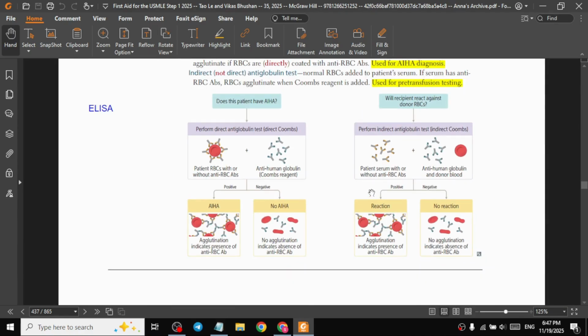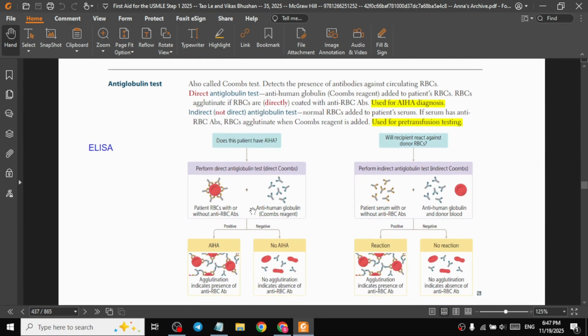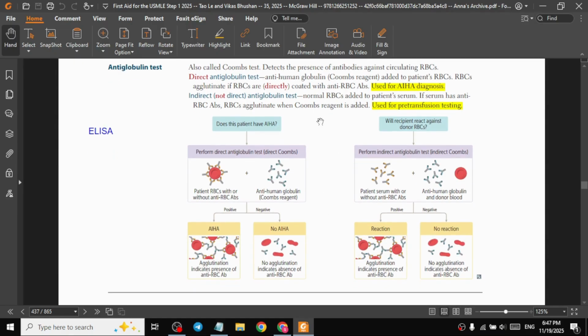Okay. Now, Coombs test is basically trying to detect if you have antibodies, right? Now, the thing with antibodies is they can be bound or they can be free floating, right? So the Coombs reagent is just a bunch of antibodies which bind to certain other antibodies.